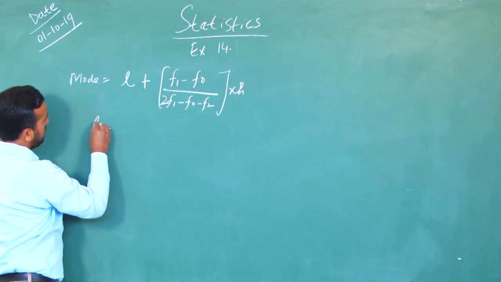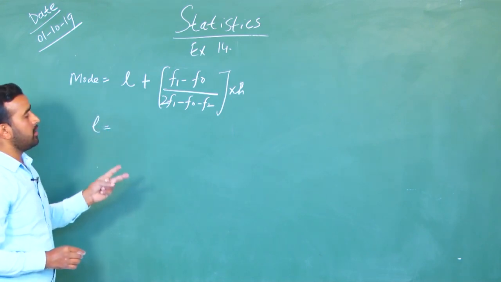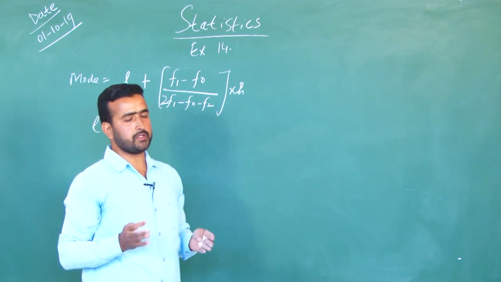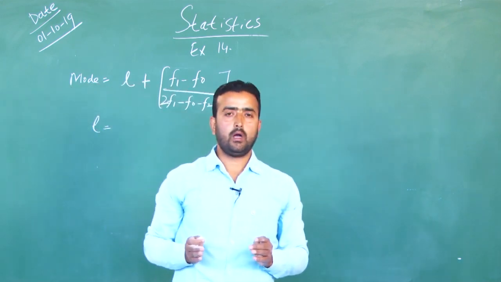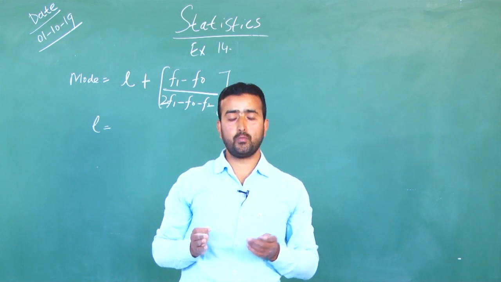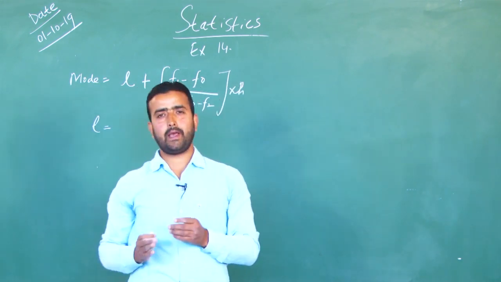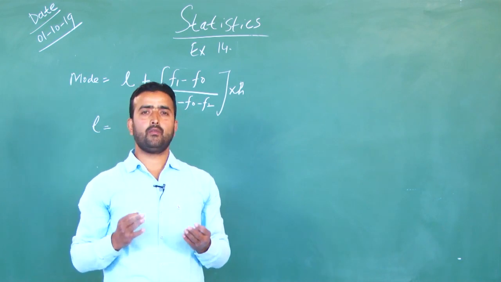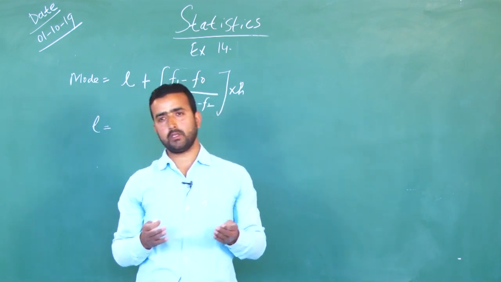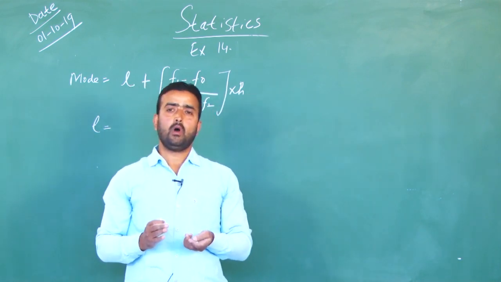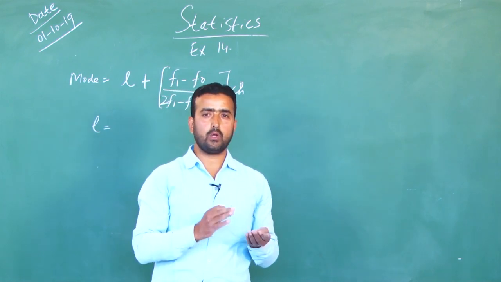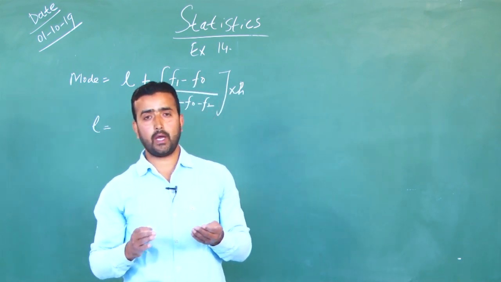L is used to calculate the mode in the given frequency distribution, that will be a tabular, grouped frequency distribution. We will take the numerical example later, and we need to classify first of all the modal class. The group of the given data which has the highest frequency.